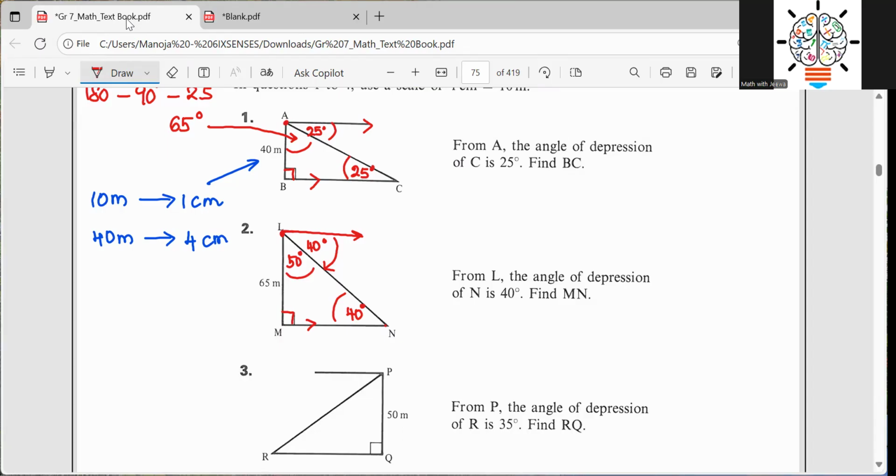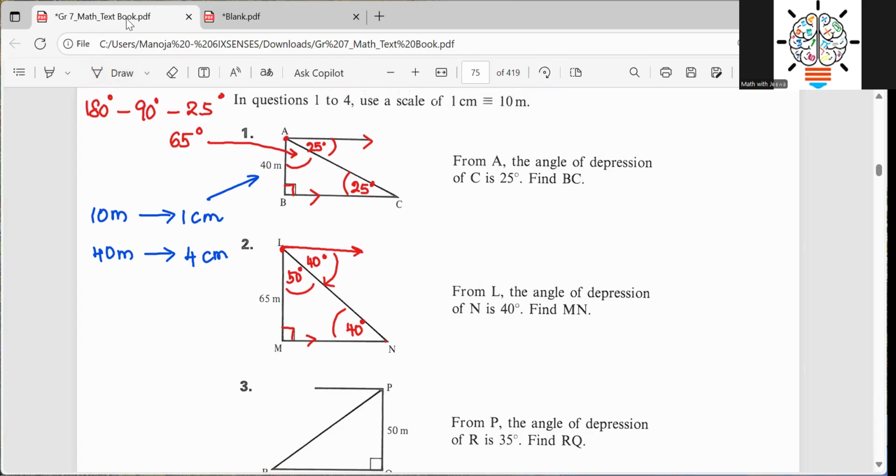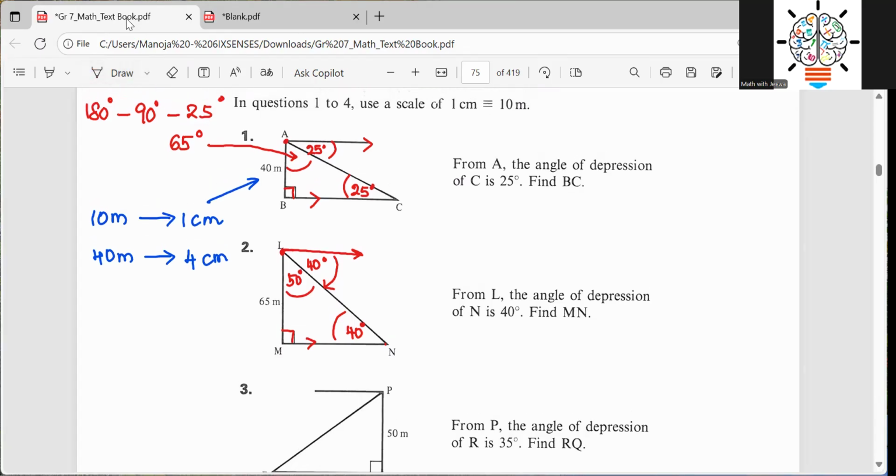But the next thing I should do, the most important thing, is to consider the scale they have given, right? They have asked me to take that whenever I see 10 meters, I can use 1 centimeter. I will use the same color to write this down, so I know that whenever it is 10 meters, it is 1 centimeter.